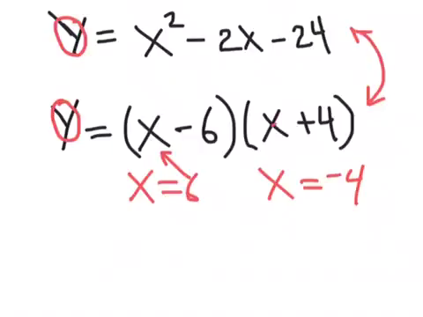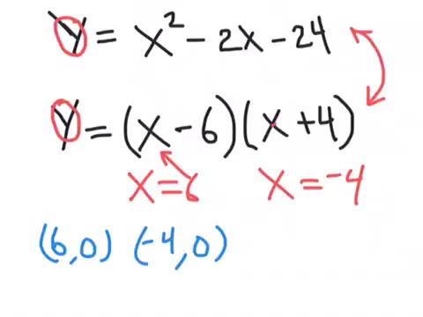So now we've got these two things. When x equals 6, y equals 0 if I plug it in. If I plug in a 6, I get 0 for the whole equation. And also, if I plug in a negative 4, the answer is 0.